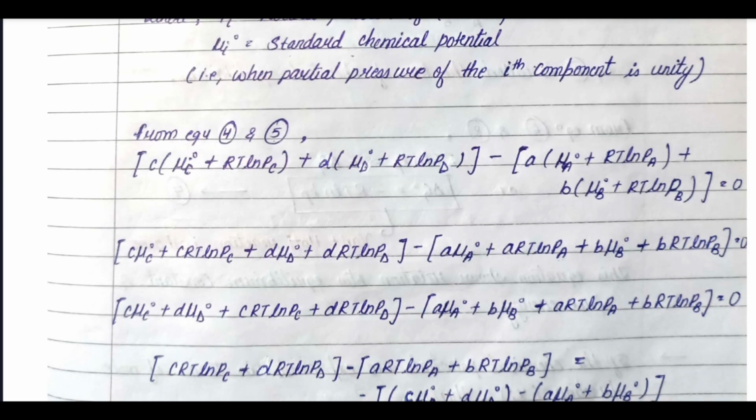From equations 4 and 5: (c(mu C naught + RT ln PC) + d(mu D naught + RT ln PD)) minus (a(mu A naught + RT ln PA) + b(mu B naught + RT ln PB)) equals 0.